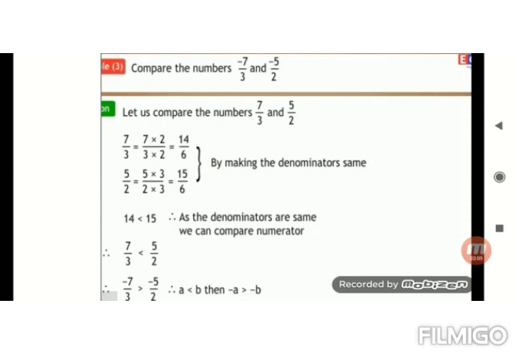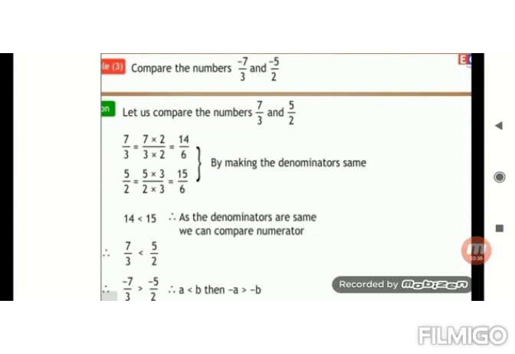The next example we will consider is minus 7 upon 3 and minus 5 upon 2. Here both the numbers are negative and both have different denominators. So we'll continue the same procedure as we did with the positive numbers. We have to cross multiply: 7 upon 3 multiplied by 2 and minus 5 upon 2 multiplied by 3.